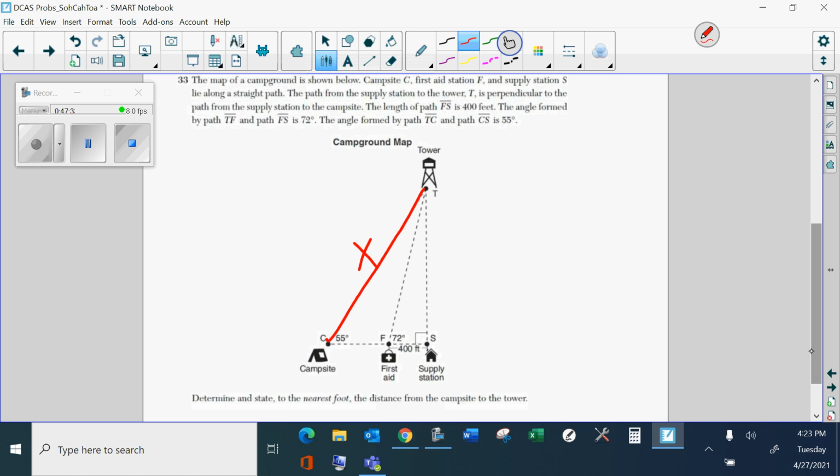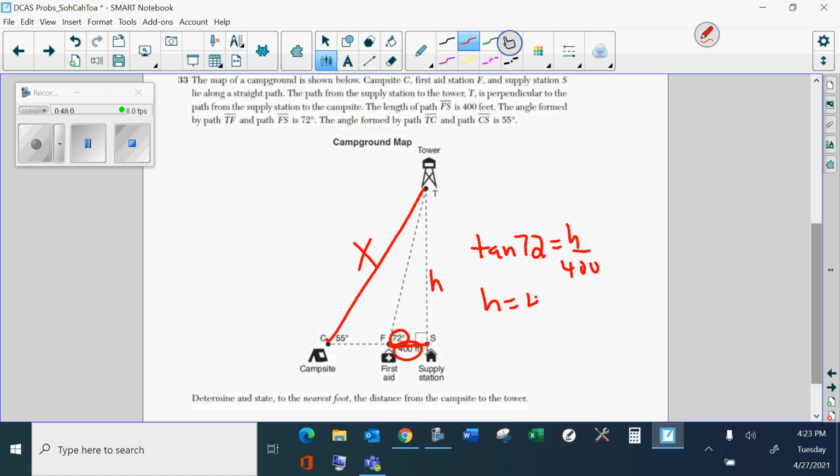So what we need to do here, we see in this triangle, we have degrees, we have the adjacent side, and we're looking for this height, which then we can use with the big triangle on the 55 degrees to get x. So it's opposite over adjacent, so it's tangent of 72 equals h over 400.